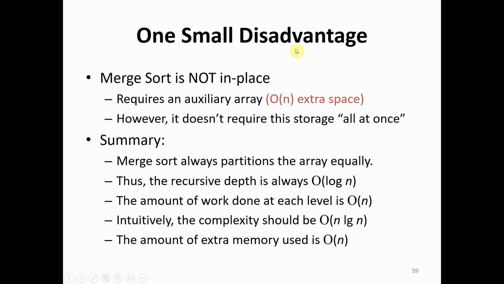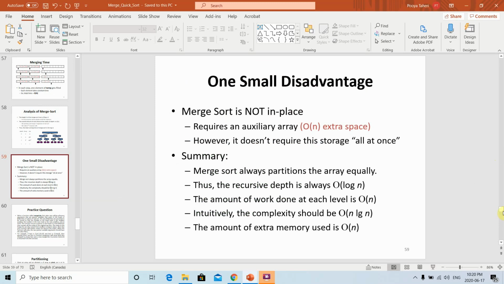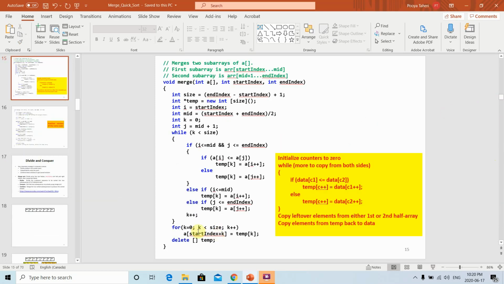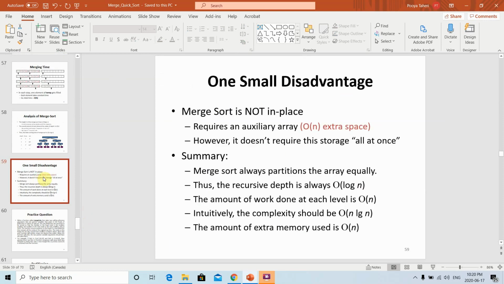One small disadvantage of merge sort is that it is not in place. If you remember when we did the merging part, we had a temporary array, so we had to have an extra memory of size n, or big O of n, and we had to move all the elements from A into this temp first and then move them back into A. So it's not an in place sorting algorithm.